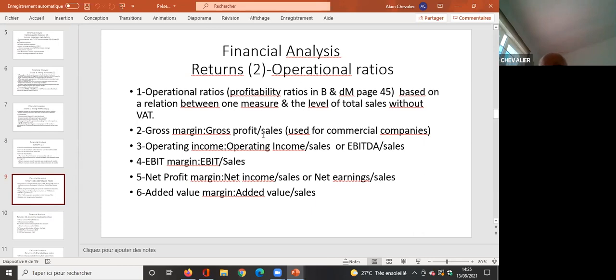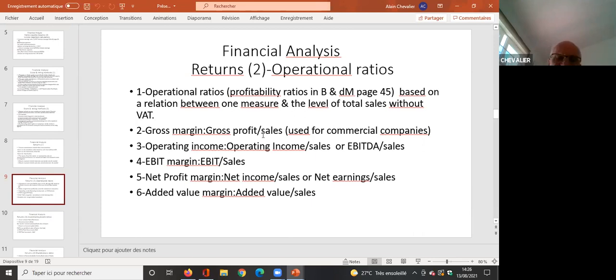But that's what you will find. And if you ask what is the most important one, I don't have any clear answer. What I would say is that number 3 and number 5, if you look at all the methods of financial analysis used everywhere over the world, are probably the most frequent in the analysis.